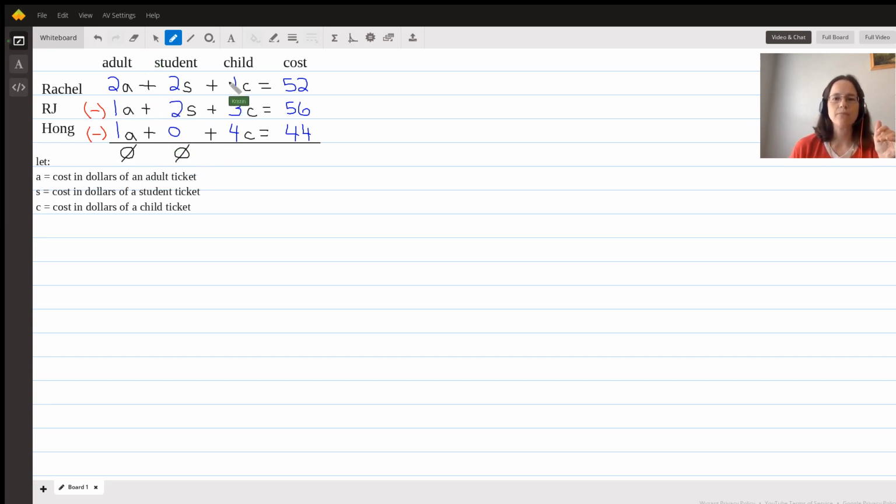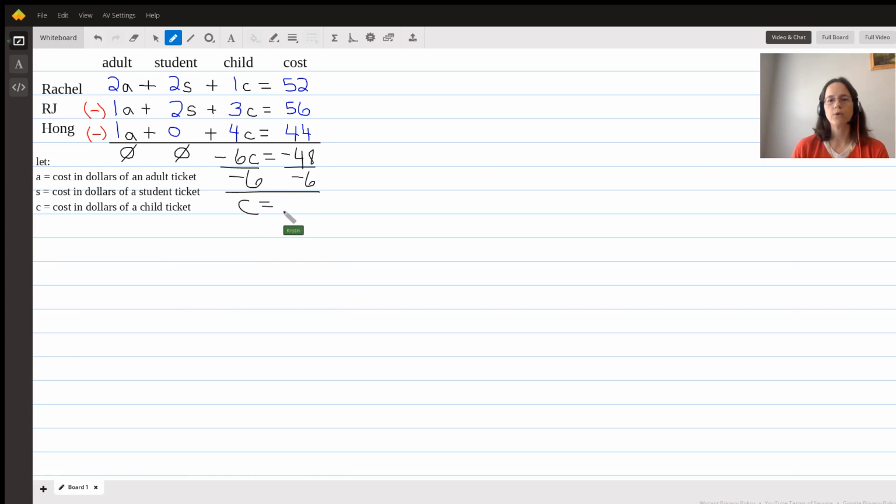And so then I can just continue. 1 minus 3 minus 4 gives me negative 6c. Don't worry about it being negative, because when we subtract these numbers, we get negative 48, which means that when we divide both sides by negative 6, the negatives cancel out, and we just get that c equals 8.